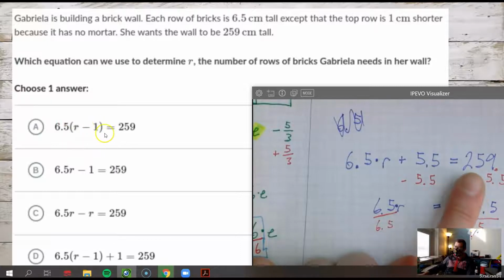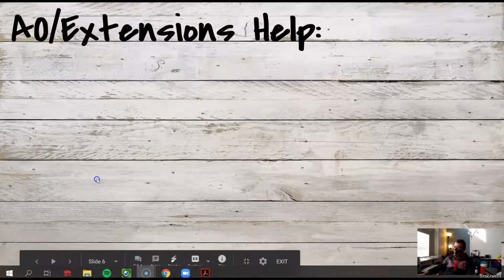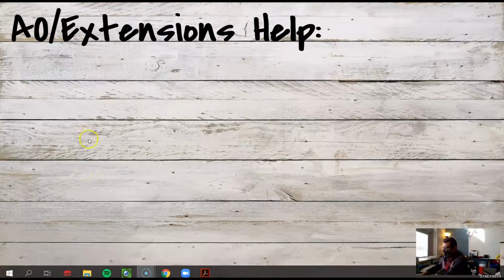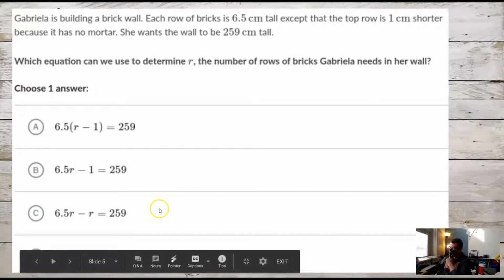Now, I don't think A works. 6.5, well, the top row doesn't take 1 off of the, no, I don't think that works. Go back. Go back. Was there an option E?